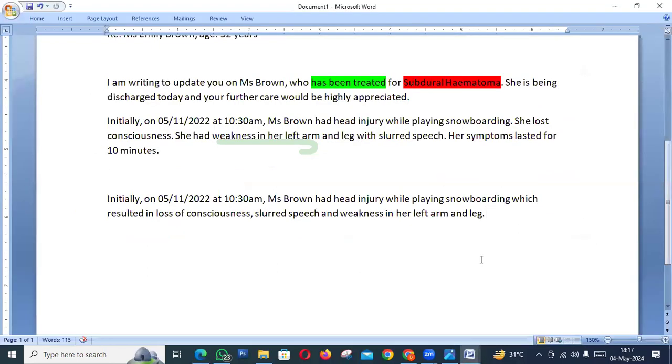Okay, you can skip that. Miss Brown had a head injury while playing snowboarding, which resulted in loss of consciousness, slurred speech, and weakness in her left arm or leg. Even you can mention the duration.